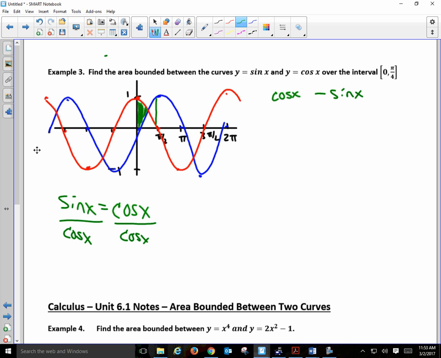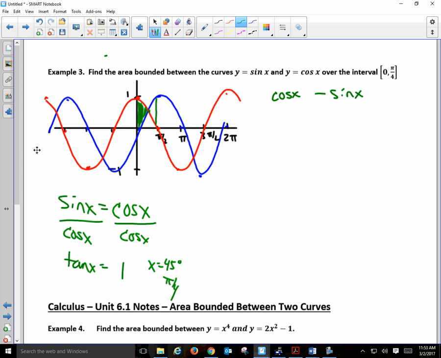And you get tangent is equal to 1. What would we do next? We could take the inverse, and on our calculator, inverse tangent of 1 gives you 45 degrees, which in radians is pi over 4, which is what we have. So Dylan's eyeball is very good.